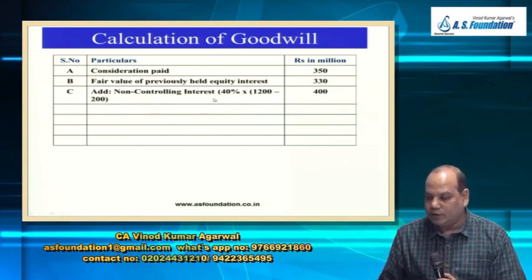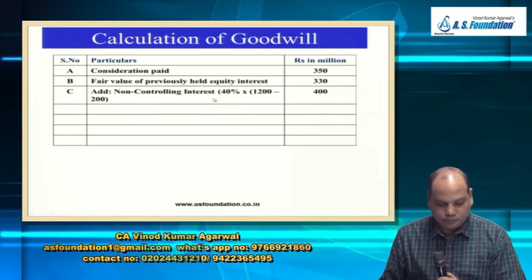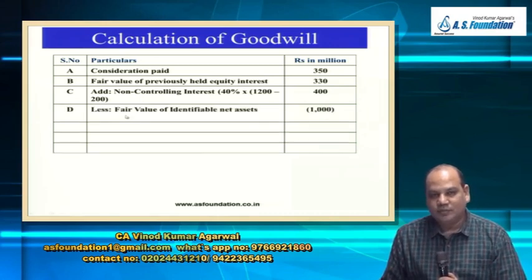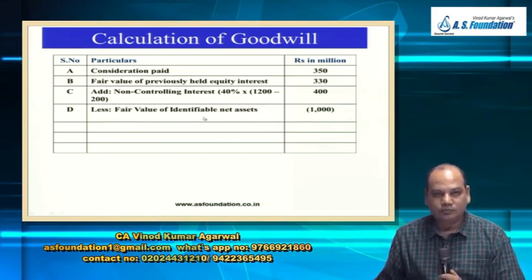Then write down less fair value of identifiable net asset, 1,000.